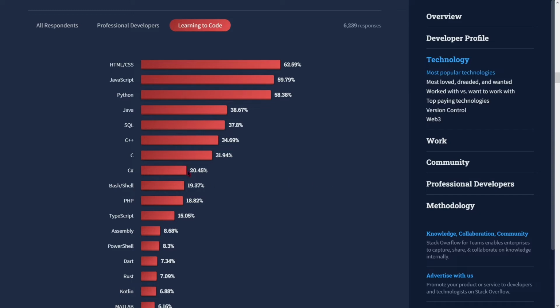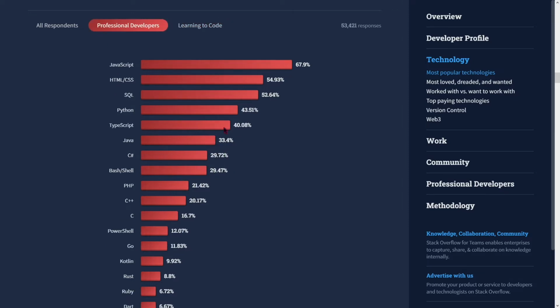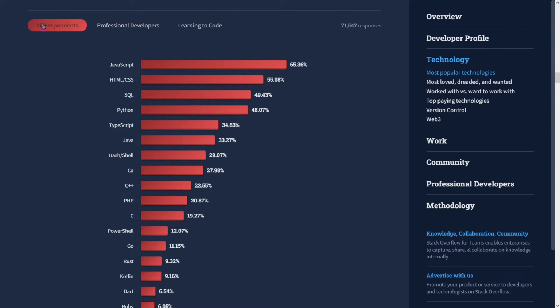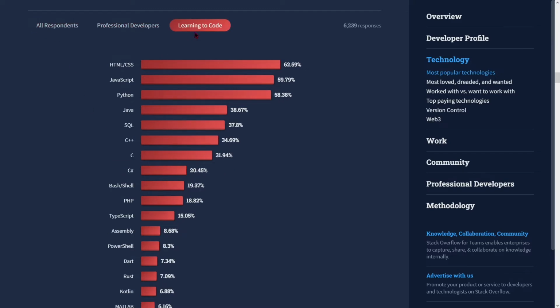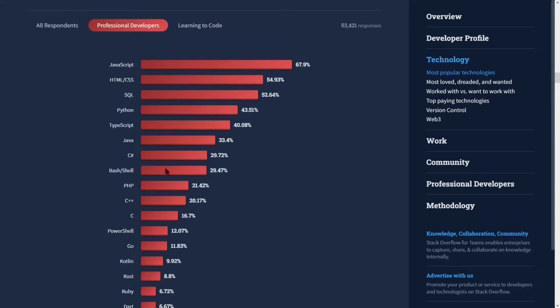Surprisingly, for example, C++ is 34, C# is 20, and here C# is 29, and here is 28. And here C++ is 34, and here C++ is 20.